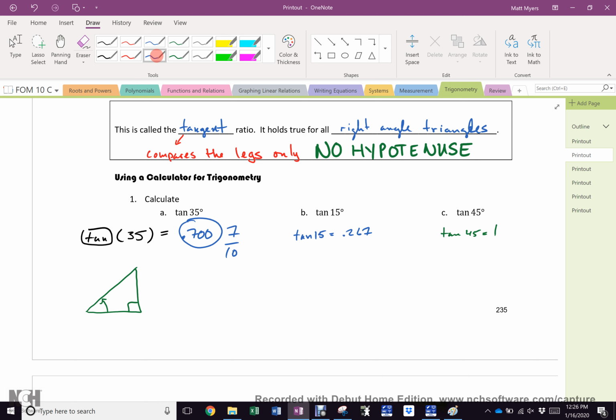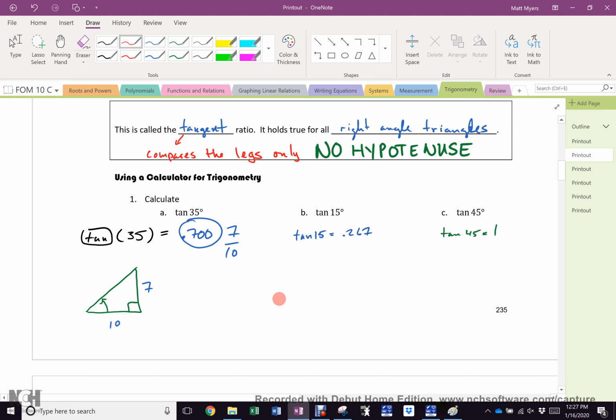Would it be the vertical leg or the horizontal leg? Vertical leg would be 7, so what would this be? 10. Or 700 over 1,000. Or 700,000 over 7 million. Over 1 million. Right? Okay.